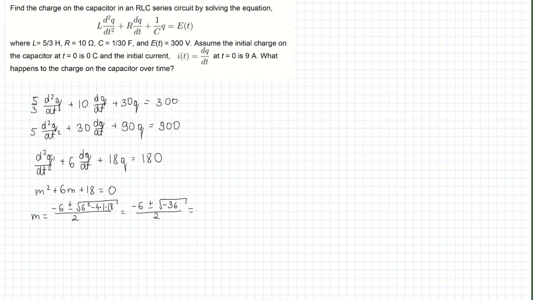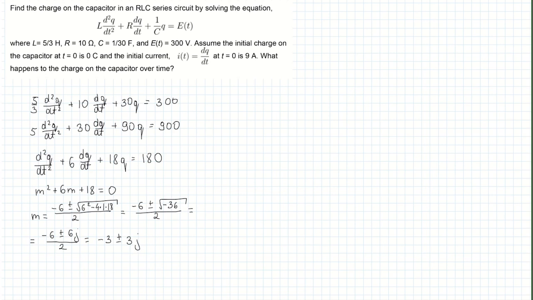That means that my solution will be complex. Minus 6 plus minus 6j over 2, and after simplification that is equal to minus 3 plus minus 3j.